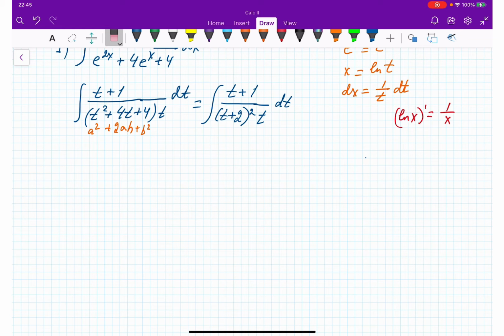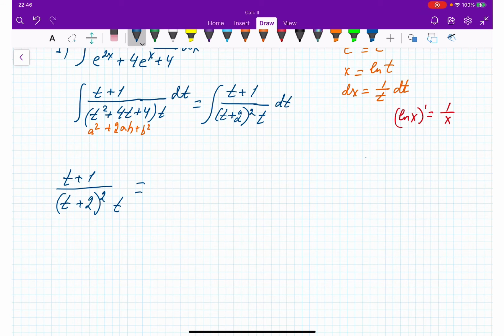So, moving on. I'm taking the rational expression (t plus 1) over (t plus 2) squared times t.